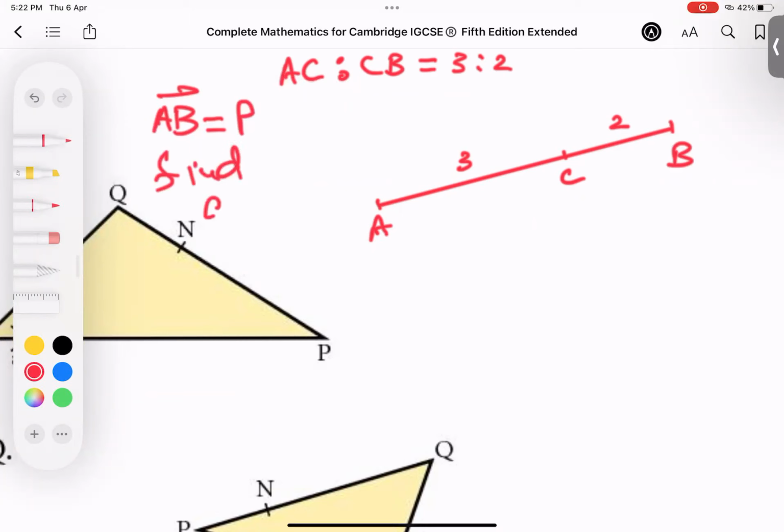A part: find the AC vector. B part: find the CB vector. C part: find the CA vector. So 3 things I'm going to find now.